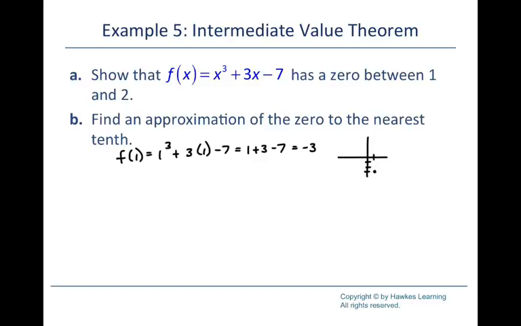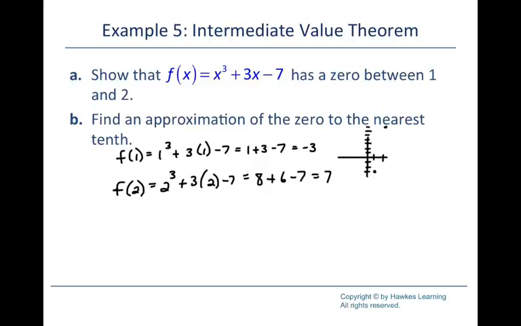Now, f of 2: I have 2 cubed plus 3 times 2 minus 7, and that's going to be 8 plus 6 minus 7, 14 minus 7, which is 7. So at 2, I'm up here at 1, 2, 3, 4, 5, 6, 7.